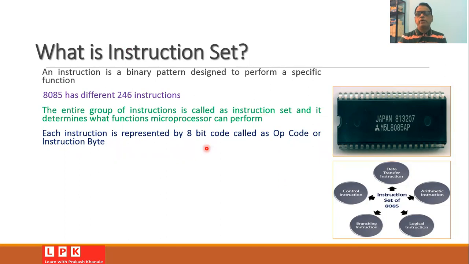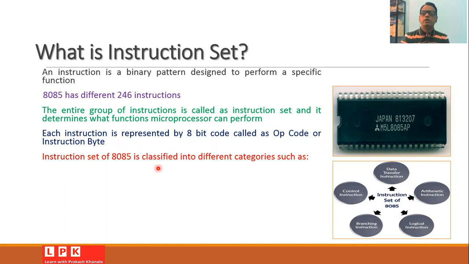Each instruction is represented by using an 8-bit code, and this code of the instruction is called an opcode, operational code, or sometimes an instruction byte. Many times this opcode is also called hex code because this code is written by using the hexadecimal number system.